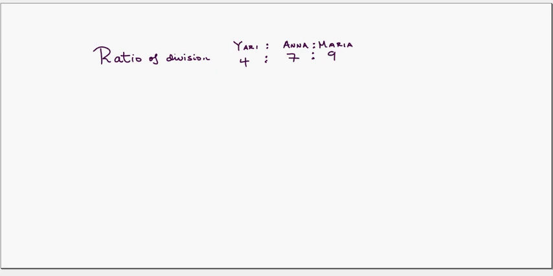Now, seeing that they want to find the total sum of money to be shared, let us find out what is the total shares in this question. So we write it down.